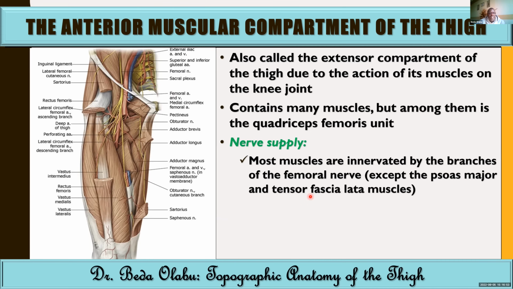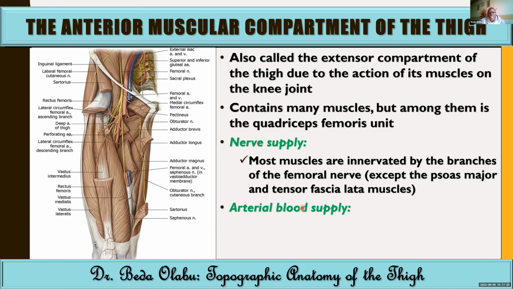Tensor fascia lata receives its innervation from the superior gluteal nerve. Remember, the superior gluteal nerve innervates gluteus medius and minimus in the gluteal region, then tensor fascia lata. We can say that the superior gluteal nerve is actually the nerve of abduction because those 3 muscles cause abduction at the hip joint.